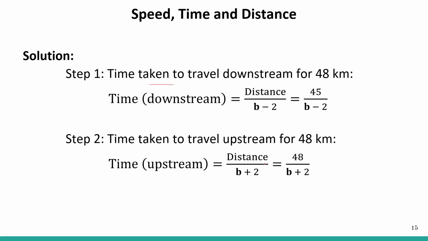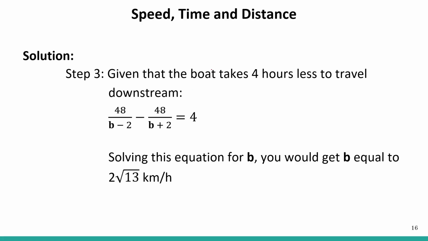Okay, so time taken to travel upstream for 48 km will be what? Time upstream is equal to distance by B plus 2, because from B minus 2 and B plus 2 there is a difference of 4, and it is told to us that their difference is 4 hours. Okay, so 48 by B plus 2. So given that the boat takes 4 hours less to travel the downstream, so negating these two, what we are left with is 4. Okay, this must be the case. So solving these two equations, what we are left with is, it will be B square minus 4, right?